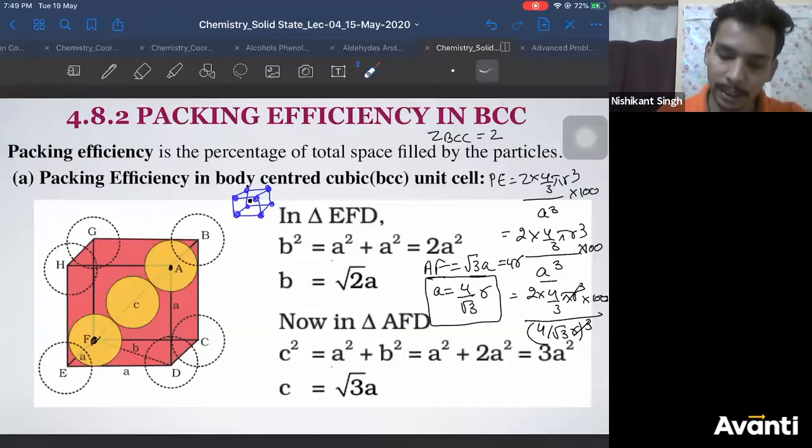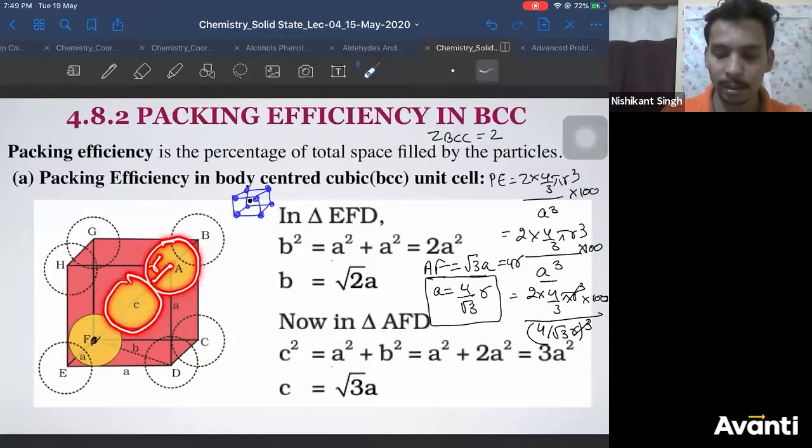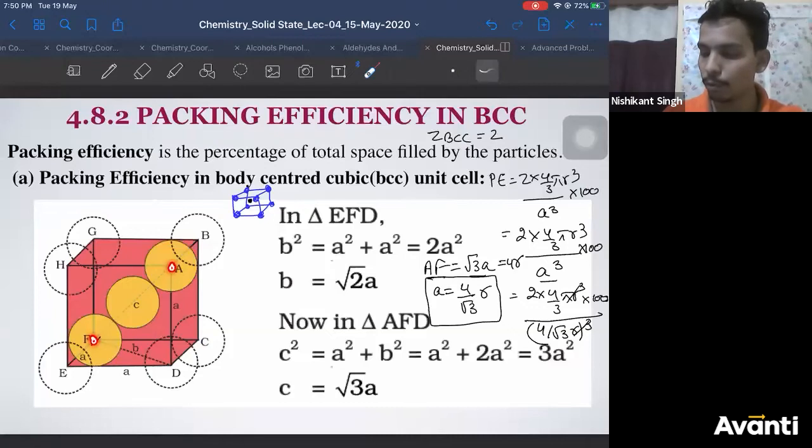In this particle, this distance is radius r, and the total diameter comprises two radius, 2r, and from here to the center, again radius r. So there are 4 radius. So I can say AF is equal to 4r. Now a is equal to 4 by root 3 r.